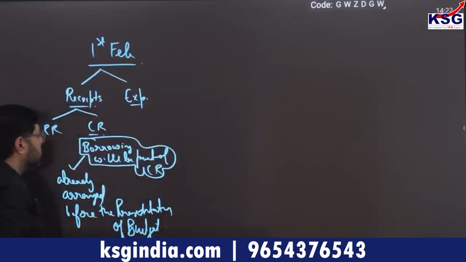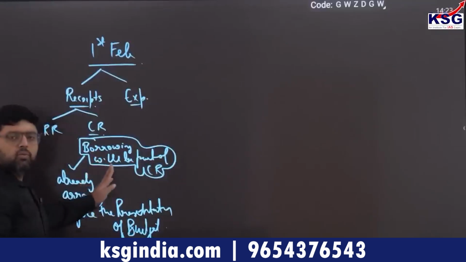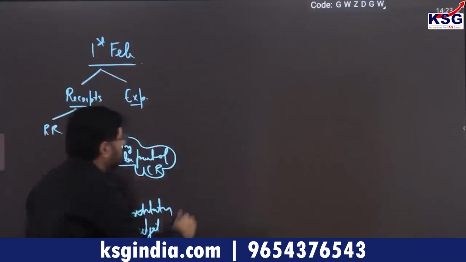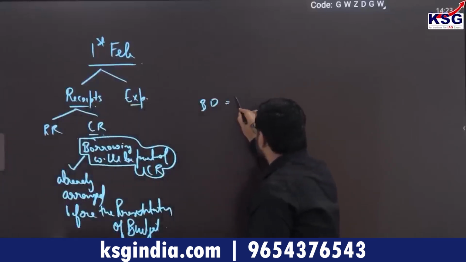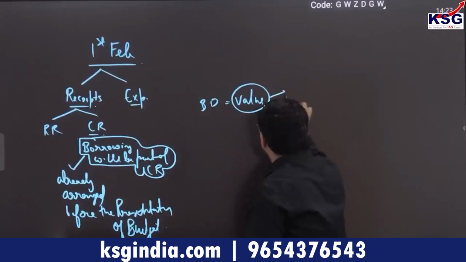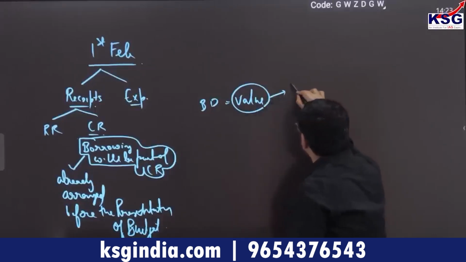So ultimately what the government used to do was show the budget deficit, indicating that this is the amount of borrowing I need. Whatever value comes, this indicates the amount of borrowing we have to further arrange.